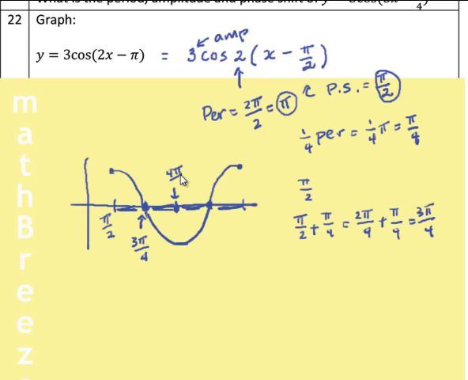We'll reduce that later. And here we have 5 pi over 4. We keep on adding. And finally, the last interval ends at 6 pi over 4. So let's reduce this. This is actually equal to pi. And the last one reduces to 3 pi over 2.